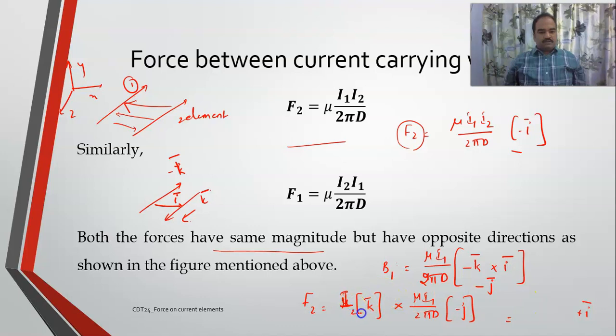So this is mu I1 I2 by 2 pi d plus I bar. This is F2, which means the force is moving in this direction. The force on this element due to this element is repelling it. So this is what happens if the currents are carried in opposite directions.